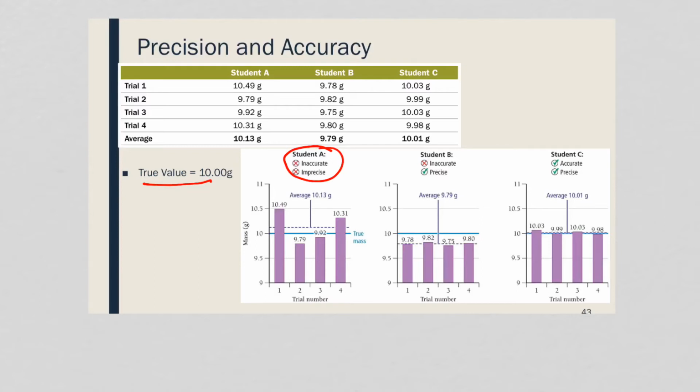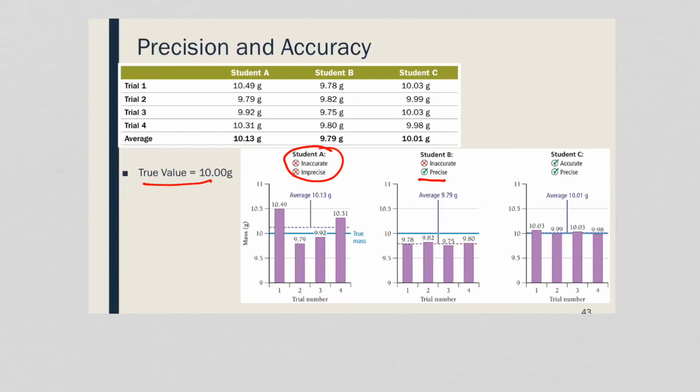Now, if you look at student B, we look at the average here, it's again not terribly close, even further away than last time. So we would clearly say it's inaccurate. But if you look at the numbers, they're really close to each other. So these values are very precise, but they're not very accurate. So this is that example where the numbers can look good. In other words, we can keep getting the same number over and over again, but it's not close to the actual value.